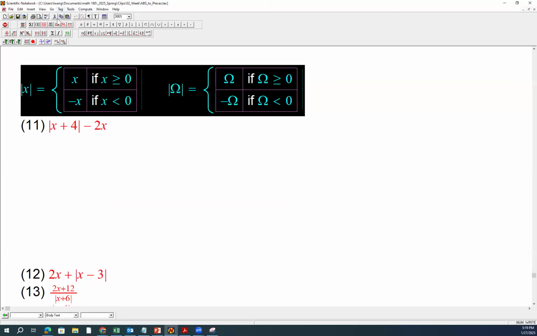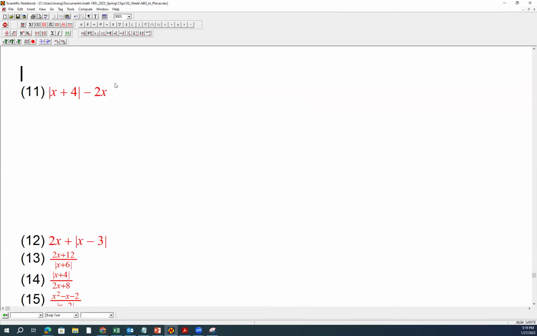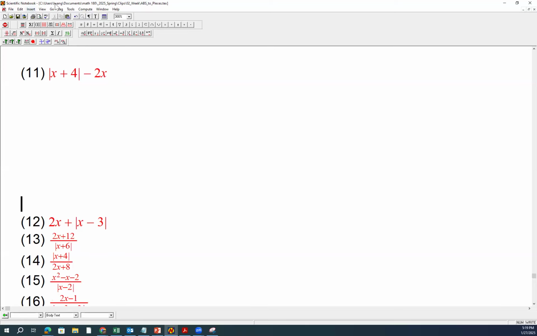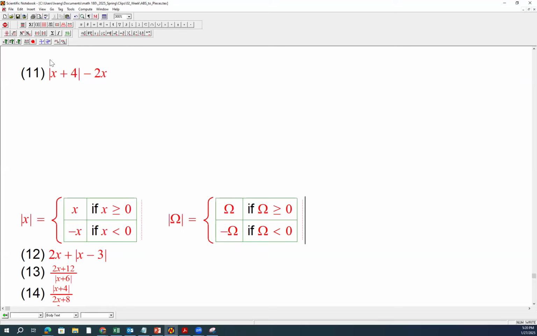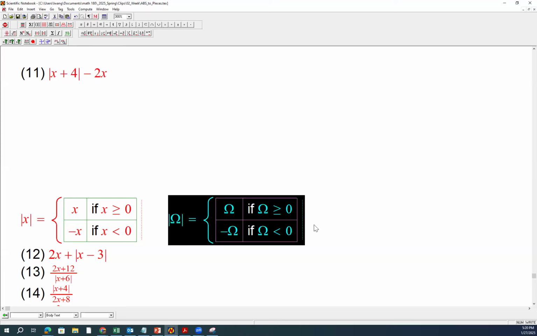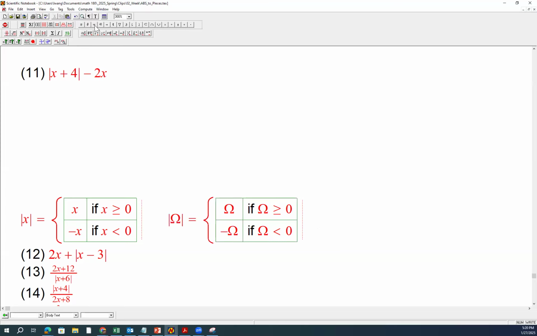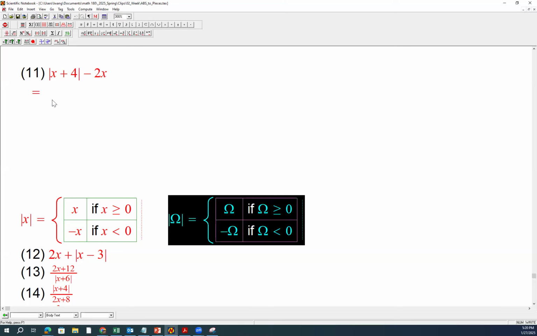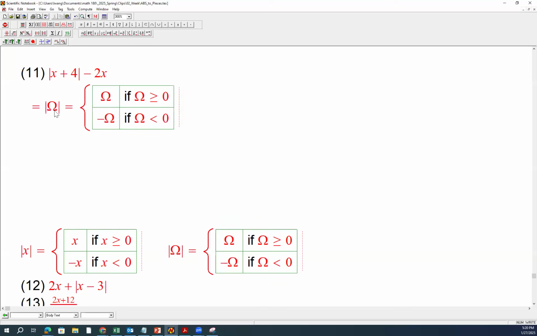The domain is all real numbers. So we can utilize what we did for x plus 4. Remember what we did for x plus 4, right? So we can just continue writing it. This omega, these are the two pieces.